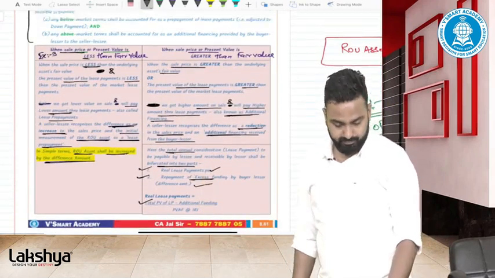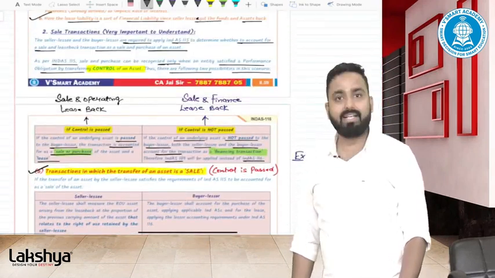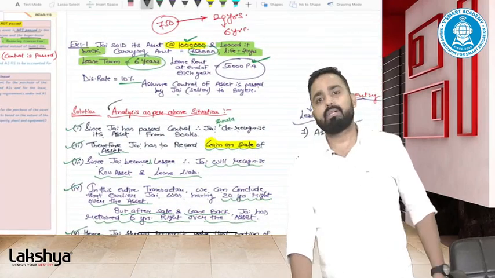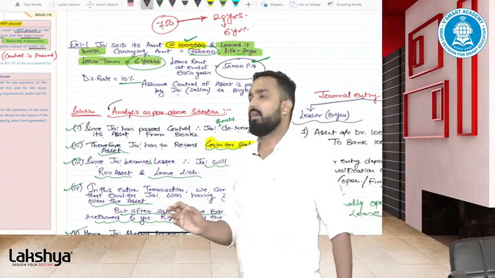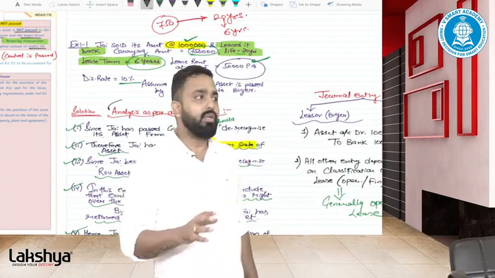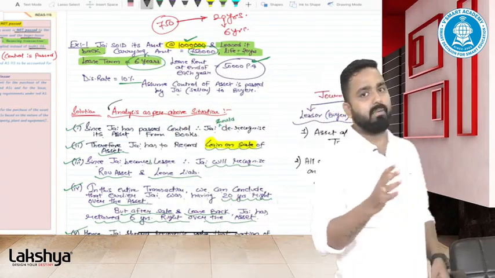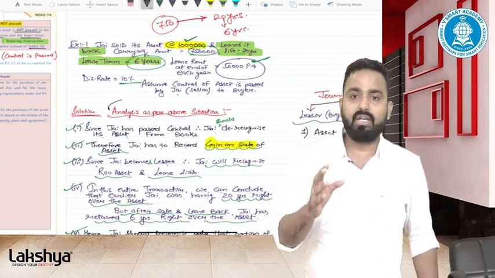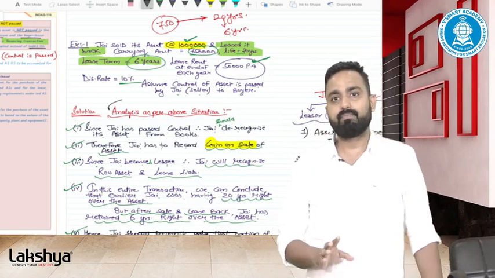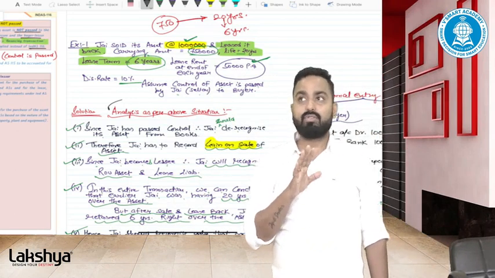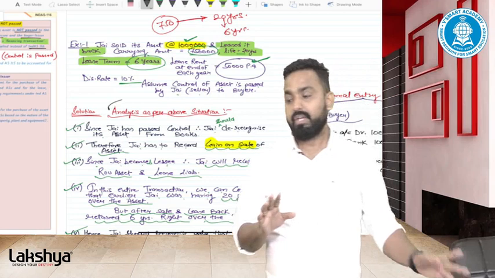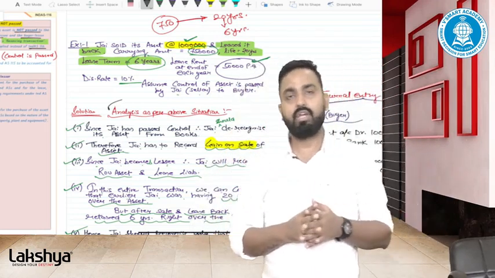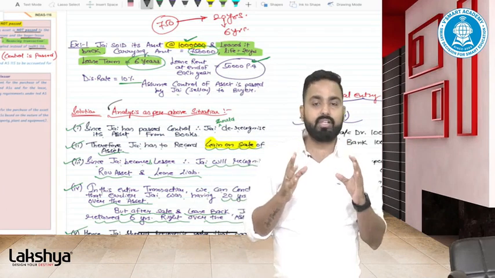Okay, so these are the examples. I personally believe that by looking into example number 1, example number 2, example number 3, you should give yourself 5 minutes. This is a very interesting as well as tough part of Ind AS 116.